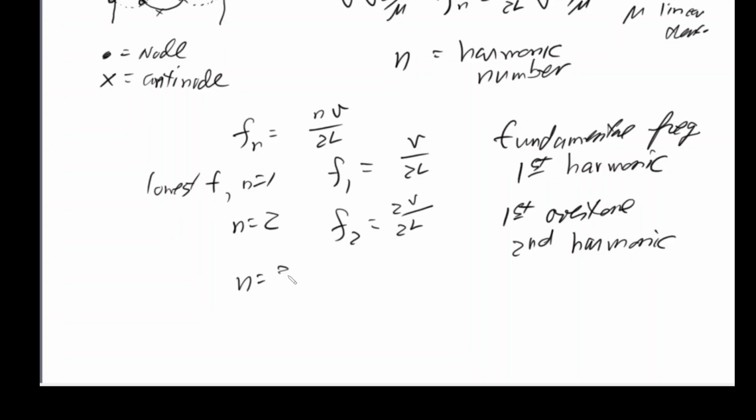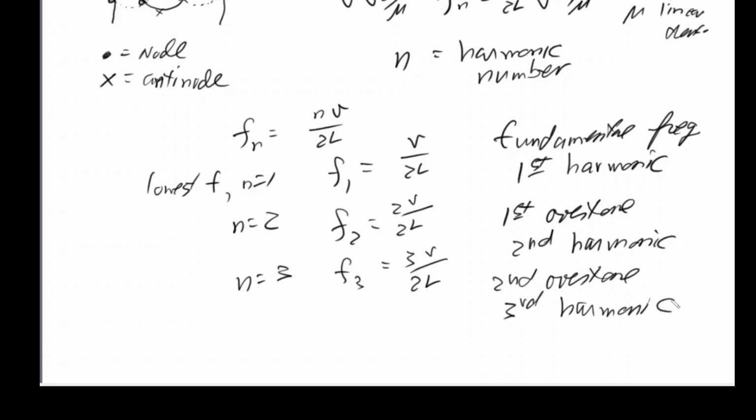And if n is equal to 3, then f3 is equal to 3v over 2L. And this is your second overtone or third harmonic. So that's for that, that's for that, and that's for that.